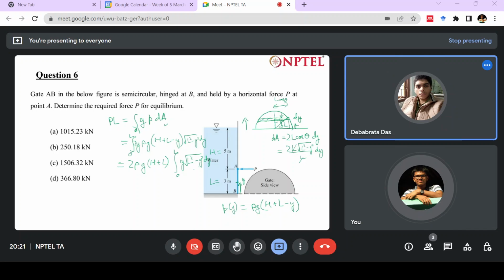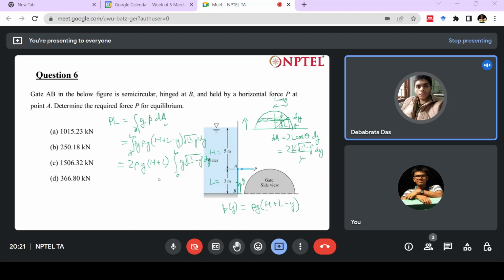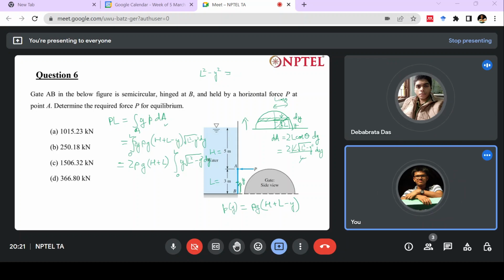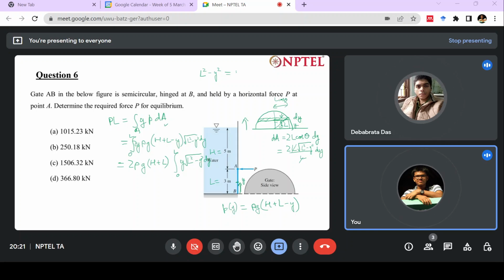Do you remember how to solve this integration? Just let me ask you this. You might have done this in school, your class 11, 12. You have definitely done this. If it is in this format, then this is a method of substitution. You would take this as some random variable, let's say q.